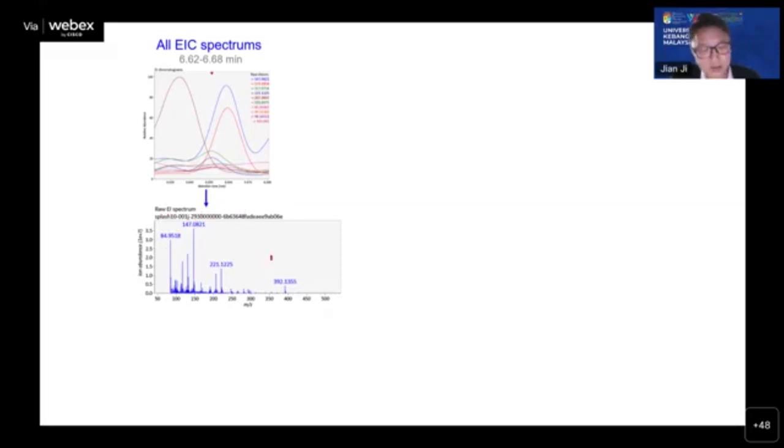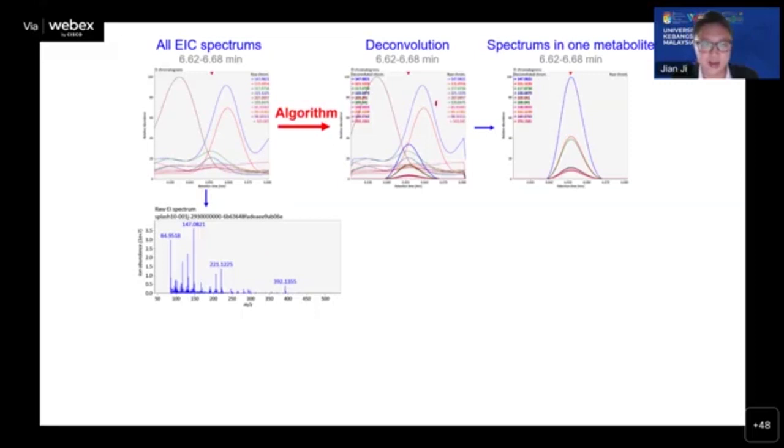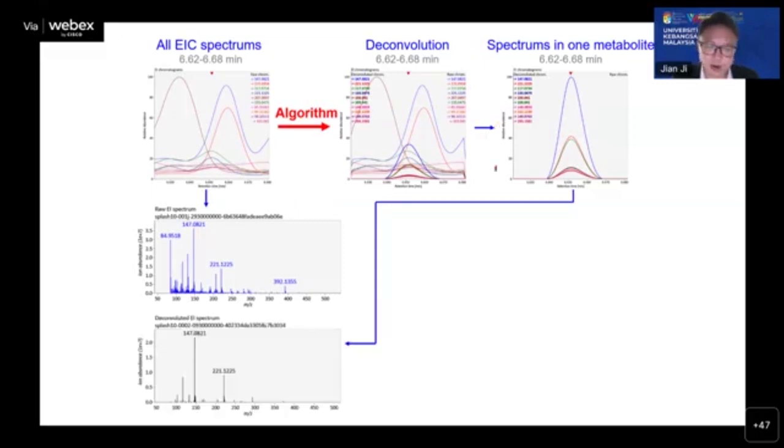If we use this spectrum against the library, you will get nothing, or you will get the wrong result. So we have to use algorithms to do the deconvolution, to remove the peaks not from these compounds, and then reorganize all the peaks together to get a computed, deconvoluted EI spectrum here.